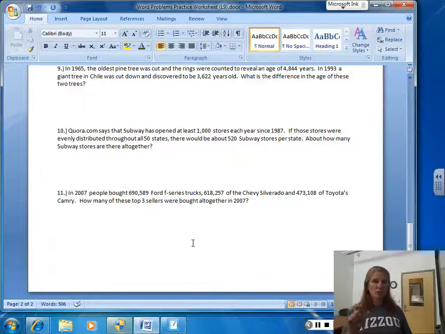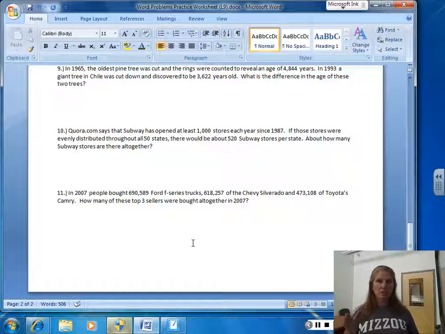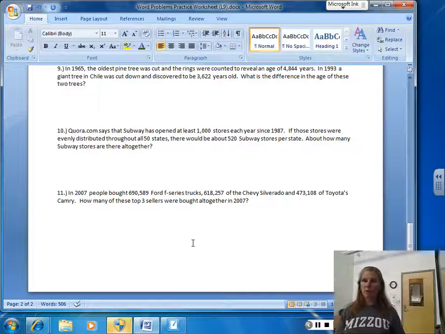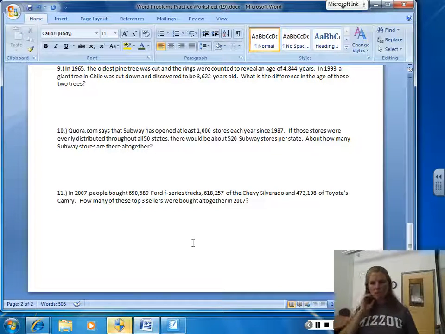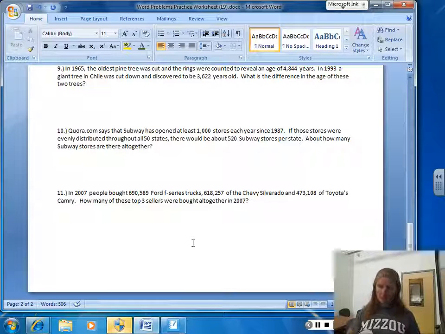Make sure when you add them that you line them up into the right columns and add straight down. I want you to try that one on your own too, because addition and subtraction I'm really wanting you to have down. But after you try it, then I want you to have this answer: 1,781,954.